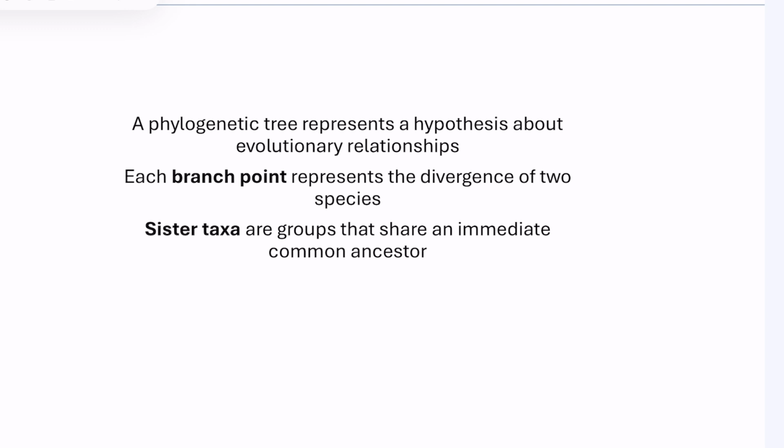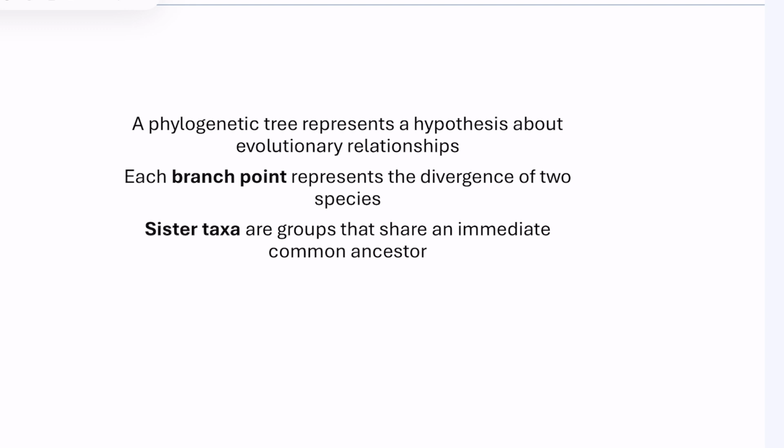So it is a hypothesis. It depends on many factors: how many species, how many taxa, how much information you included in the phylogenetic tree. The result will depend on your provided data.